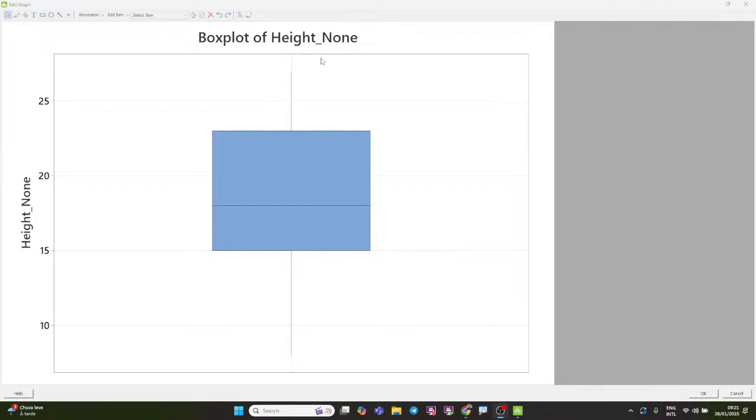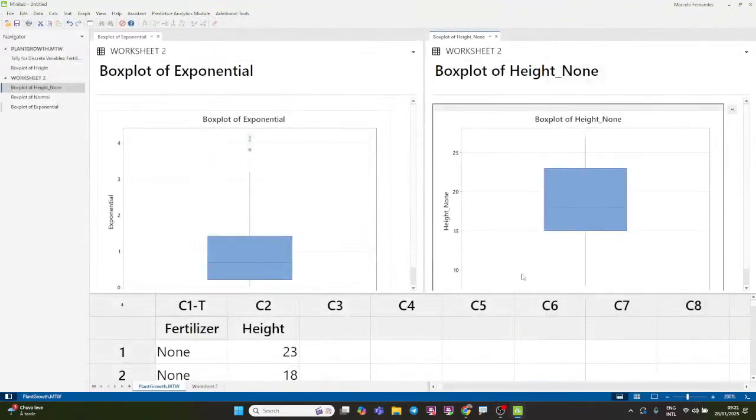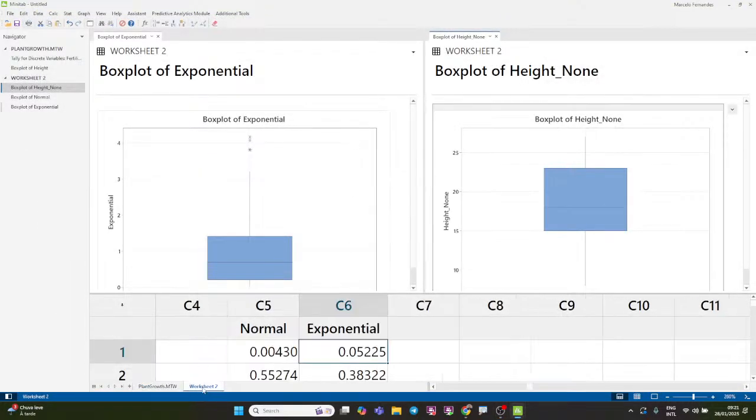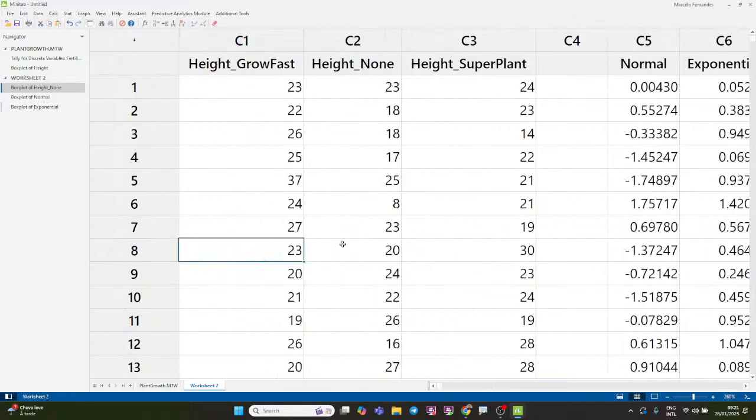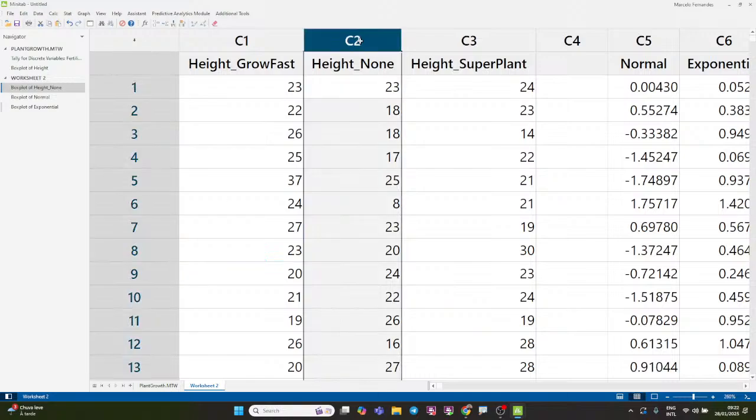So this is for known. I want to use Excel so we can fully understand and interpret what is going on here.